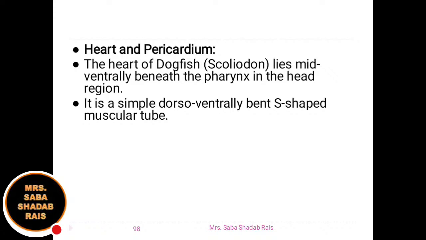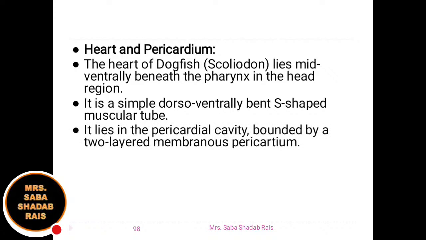But when I talk about the double circuit, or the perfect circulatory system, the heart gets the blood back from the respiratory surface and then gives it to the entire body. So in the case of shark, we need to remember there is a single circuit, and this single circuit has only two chambers, and the heart is just a dorsoventrally bent S-shaped muscular tube.